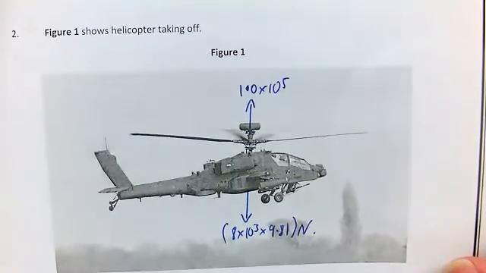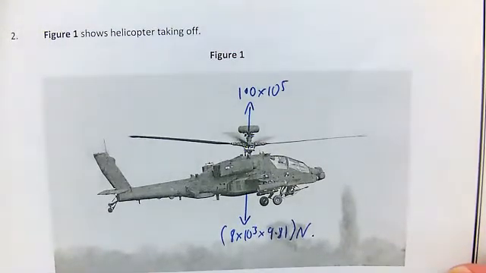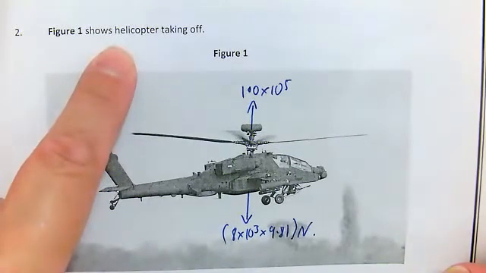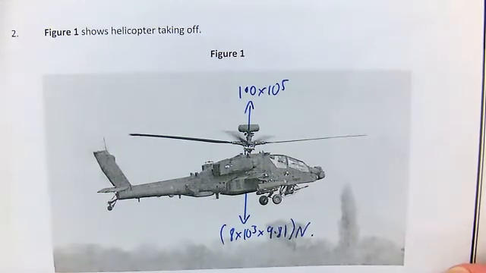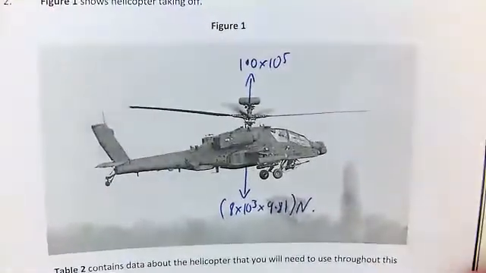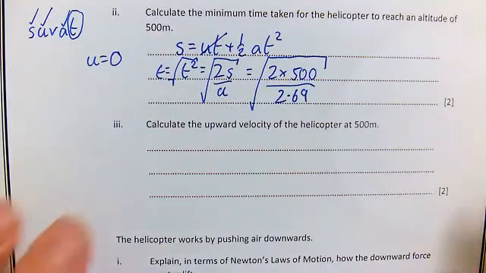In a normal question, you normally get given information like it accelerates from rest. But here, if a helicopter's taking off, you can assume it started off on the ground, particularly if there's no other information either way. So you have to look at the context of the question. Thank you very much for asking that question. That was a good one.